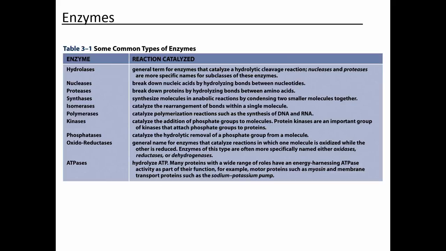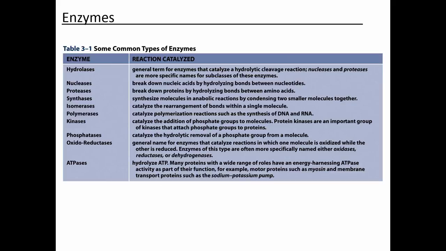The other is RNA polymerase, which is used during transcription. Remember, in transcription you're using DNA as a template to synthesize an RNA molecule. So RNA polymerase is the enzyme that connects together RNA nucleotides to synthesize the RNA molecule. Those are two specific examples of polymerases that we're going to study in this class.